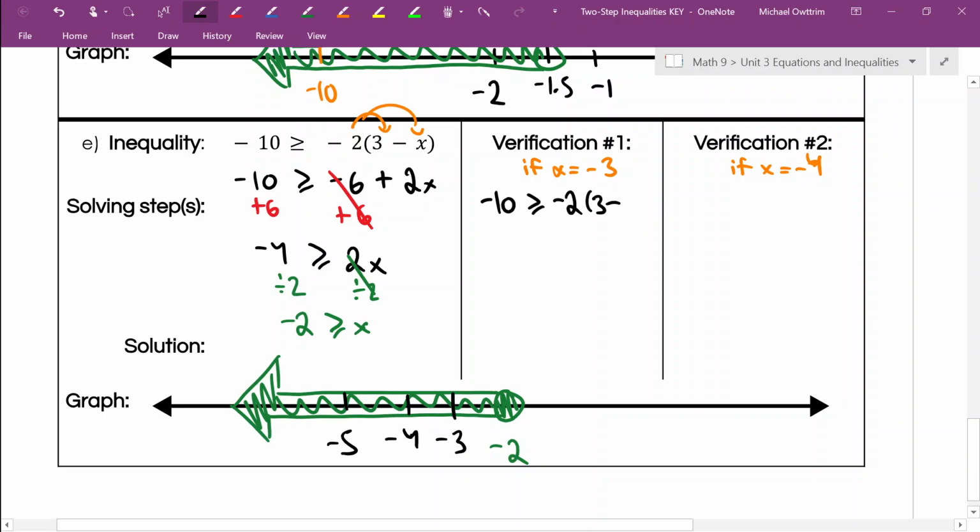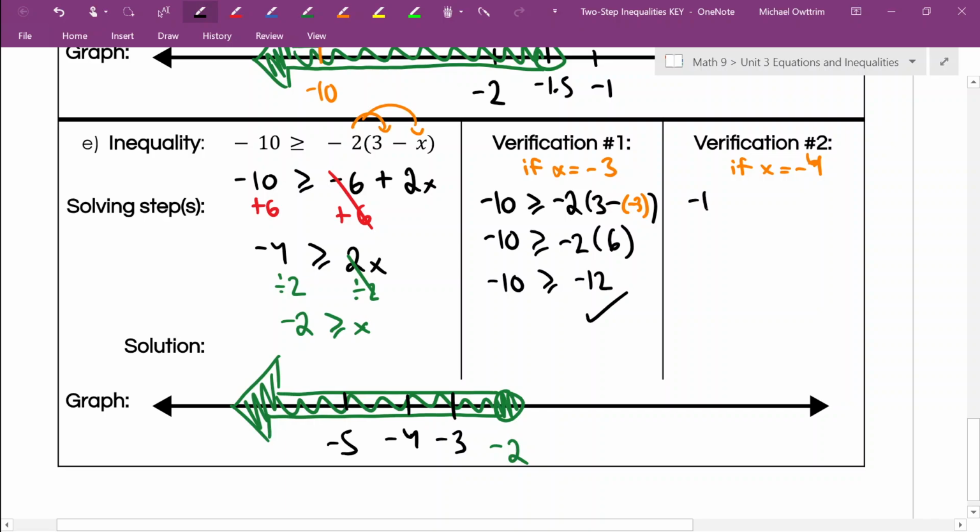The only thing I'm going to replace is my x with my value. So let's do this calculation. So -10 should be greater than or equal to -2 times 3 minus -3 is 6. -2 times 6 is -12. And -10 is in fact greater than or equal to -12.